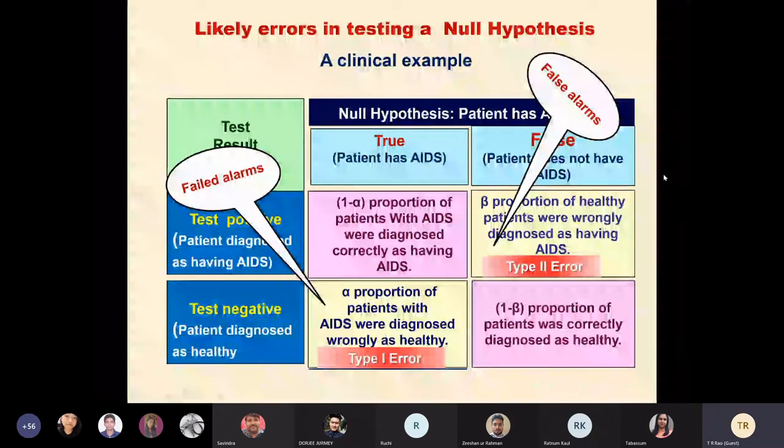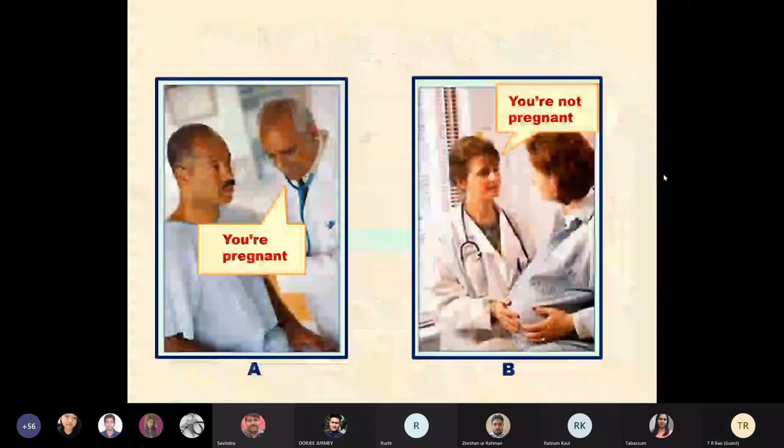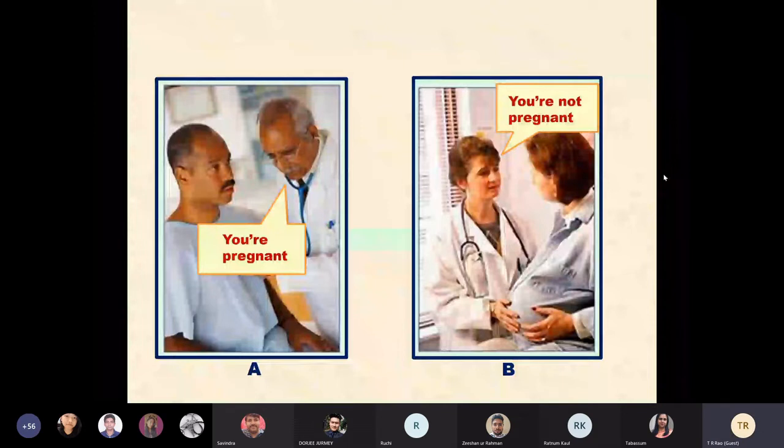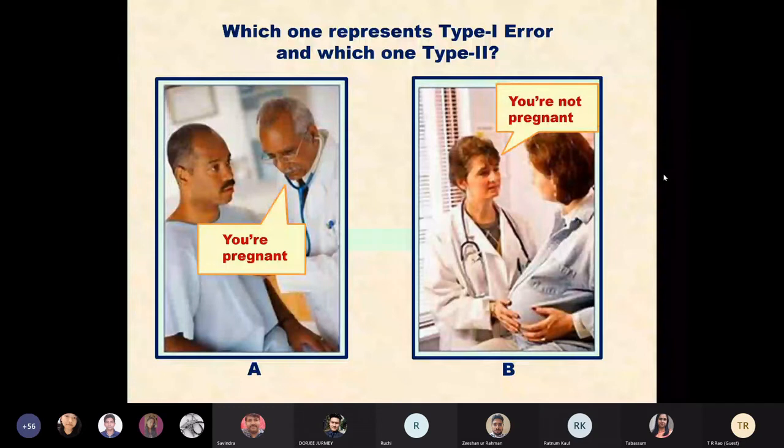You understood now what type 1 error and type 2 error are? Here is a quick picture quiz. Okay, where is type 1 error and where is type 2 error? Okay, I gave you enough time. Type 1 error: she is rejecting a true null hypothesis.